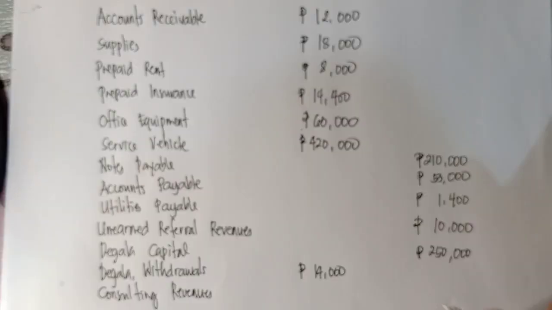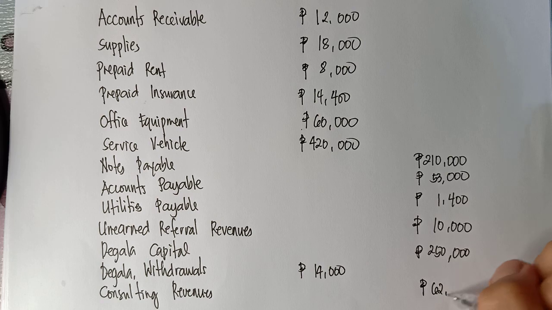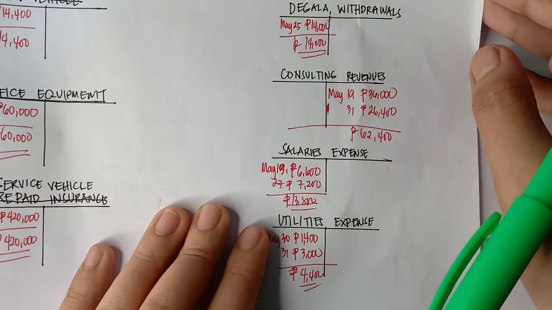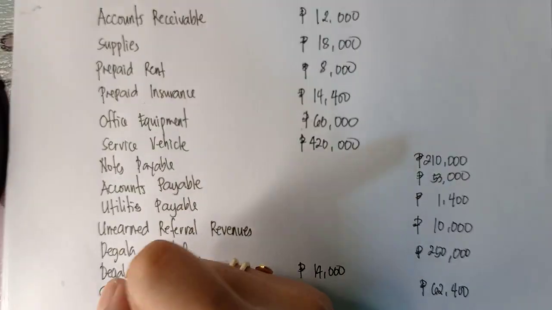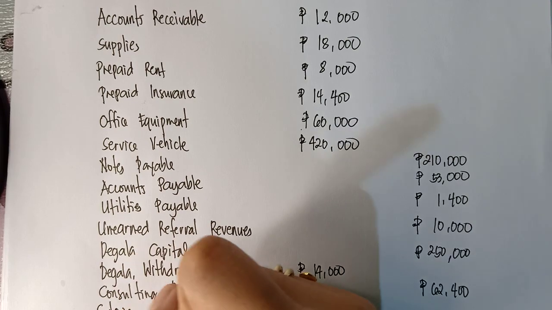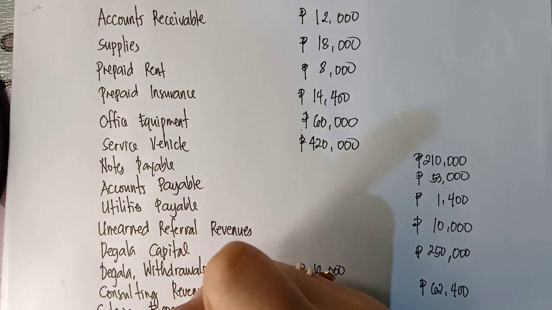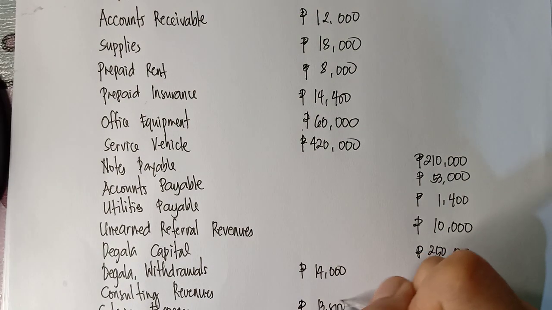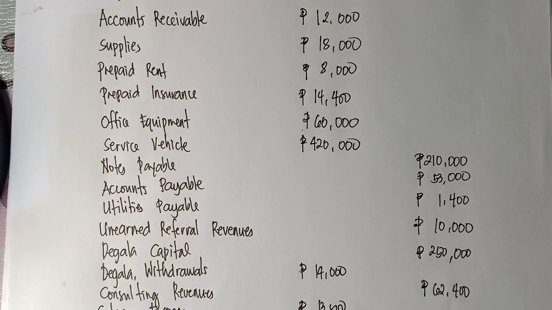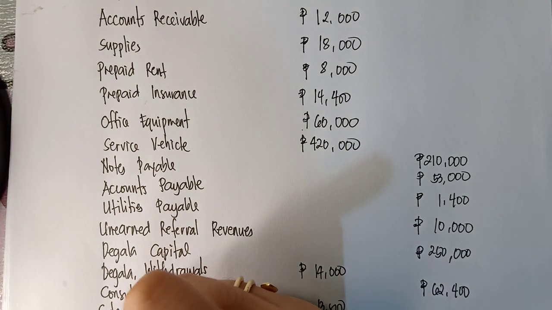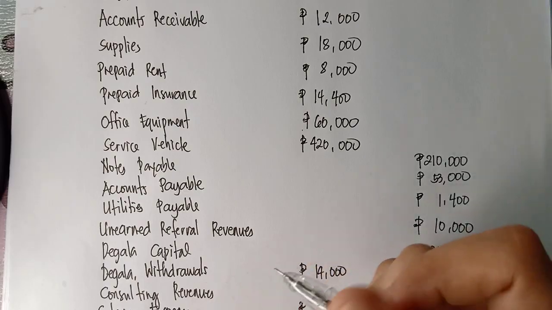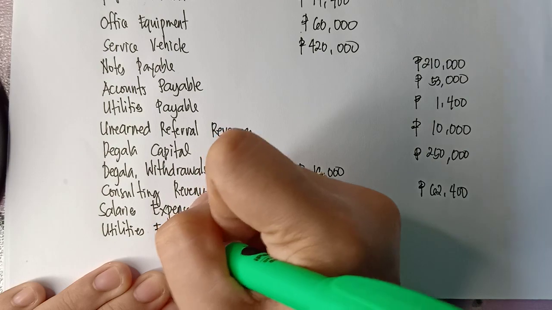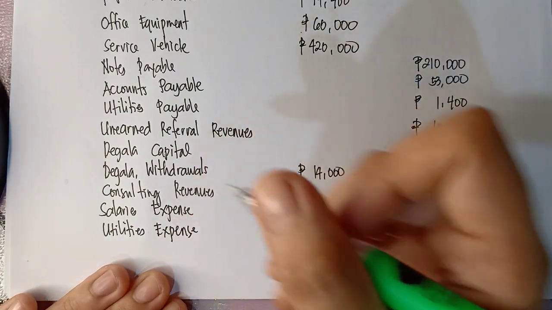Next is salaries expense, 13,800 debit. Then utilities expense for 4,400.